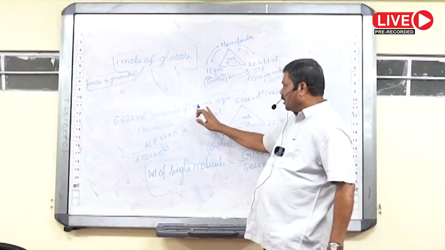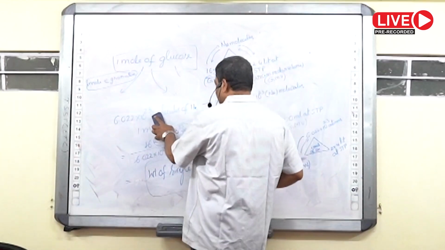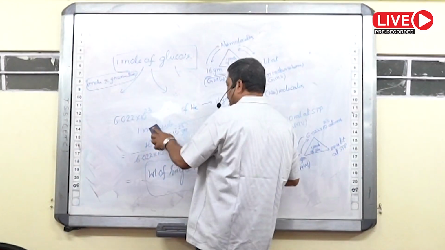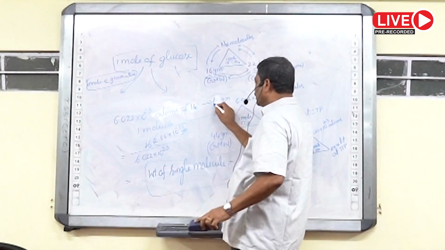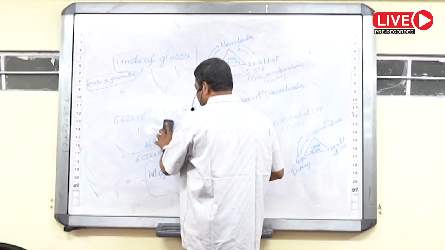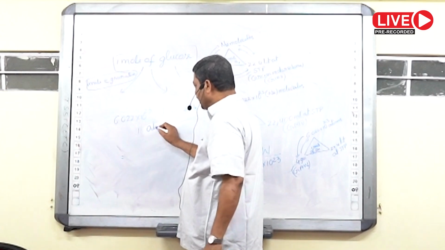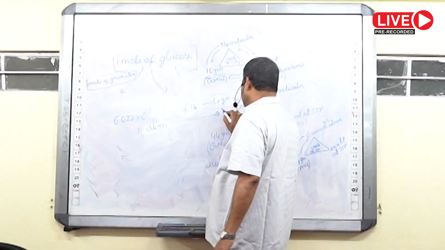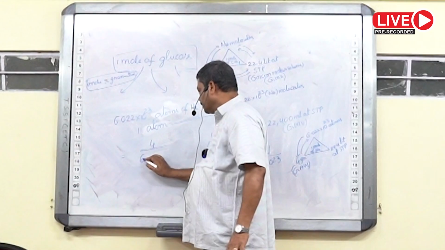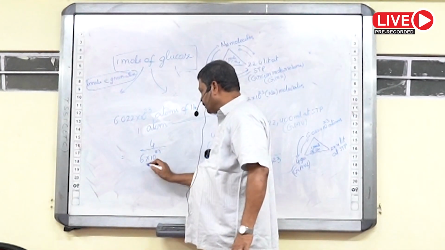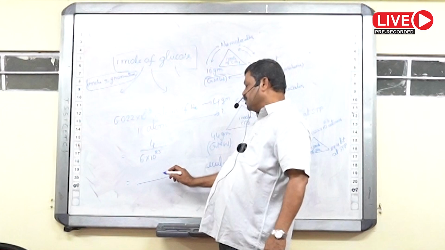So write the same. Avogadro number of atoms of, not molecules, atoms of helium weighs how many grams? 4 grams. 1 atom weighs how much? 4 by Avogadro number. 6 into 10 power 23. 4 by 6, 2 by 3. 2 by 3 is 0.6.